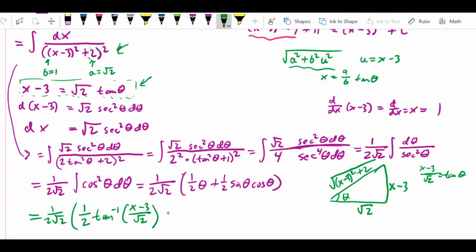And then plus we have 1/2, sine theta is opposite over hypotenuse, so that's x minus 3 over the square root of x minus 3 squared plus 2, times cosine, the adjacent over the hypotenuse, so root 2 over the square root of x minus 3 squared plus 2.